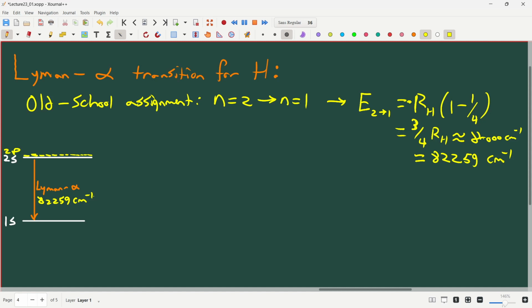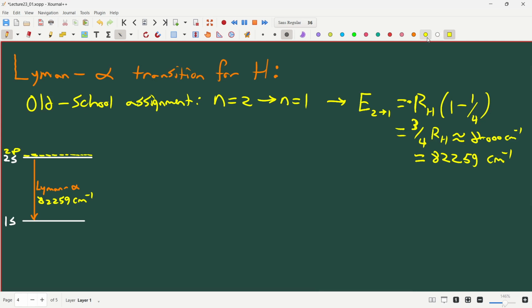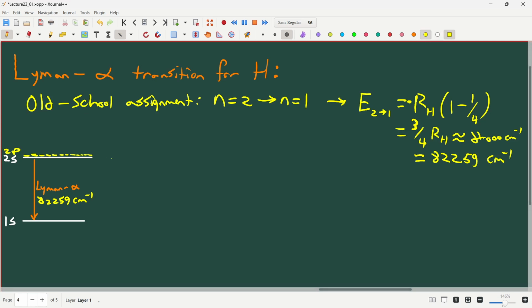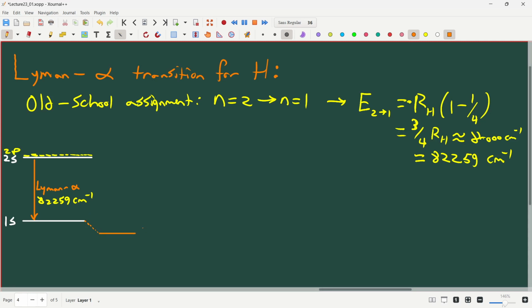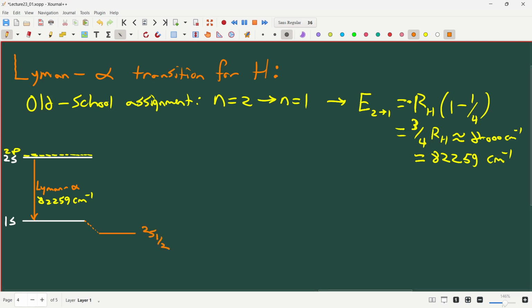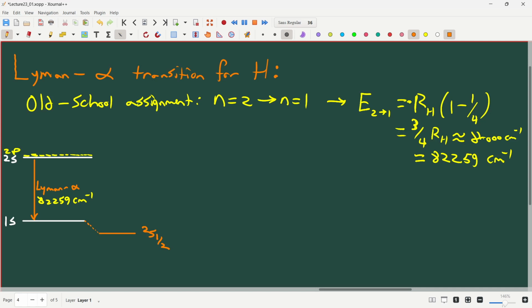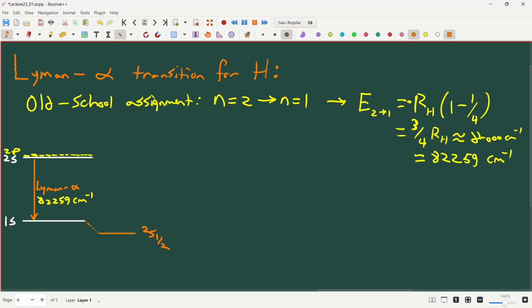So that's what Lyman sees, but we know that these lines are actually split a little bit. These lines split into a doublet. First of all, the S state gives me a 2s1/2 state, and you can show that that lowers the energy of it. Once you use that formula that I used above, it brings the energy down a bit for the 2s1/2 state. And what you find again is that the 2p1/2 state is lower in energy.